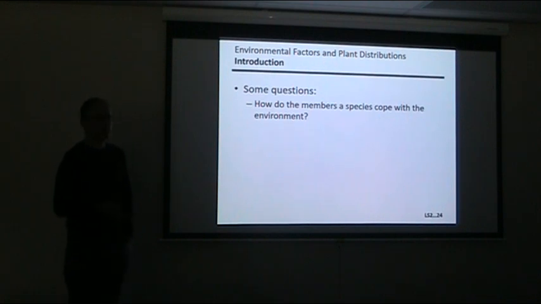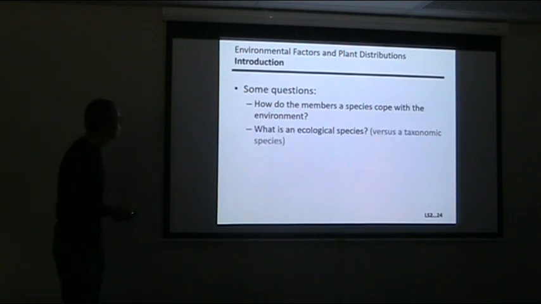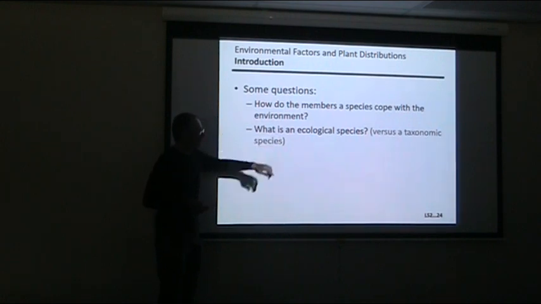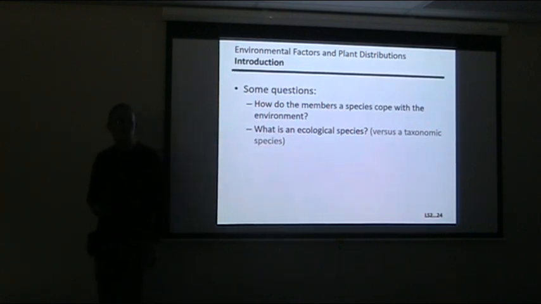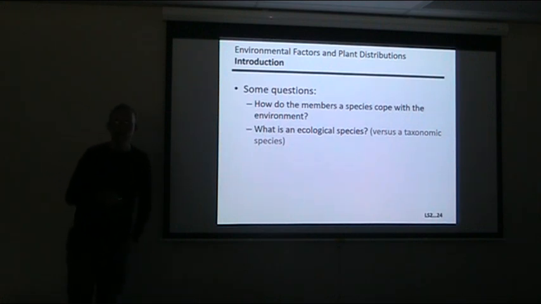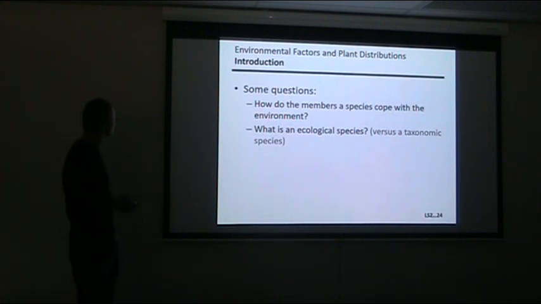What mechanisms do they have to cope? We'll get to this a bit later. I also throw in ecological species so that, rather than focusing on a single species as a discrete unit, you think of the variation within the species, because it's variation which drives natural selection.